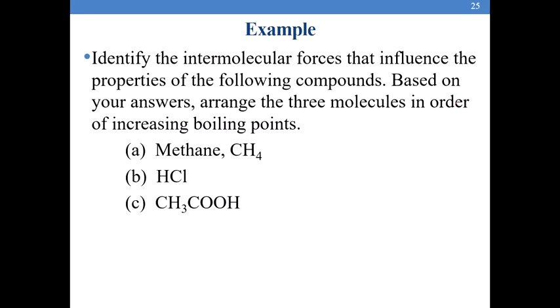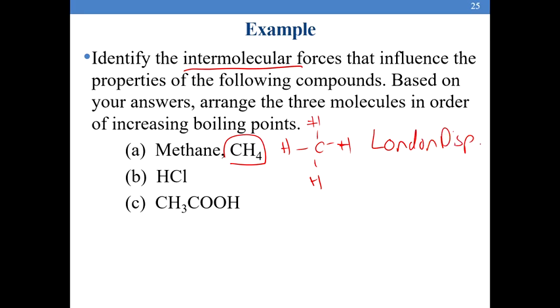So let's do an actual example real fast of comparing. I have 3 substances here, and we need to identify the intermolecular forces that influence the properties. You could draw out the Lewis dot structure of the substances, and you could just be clear, all right, nonpolar bonds, therefore the only force is London dispersion. You may be familiar enough without having to draw it out, but right now we're just going to list London dispersion.